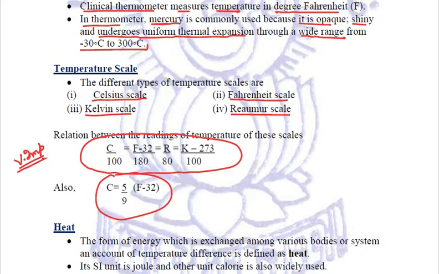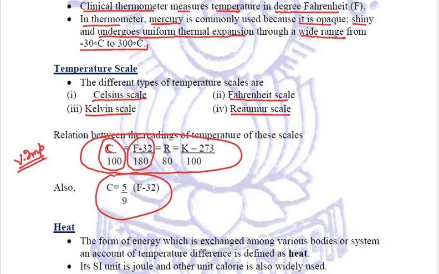Here C represents the temperature on the Celsius scale, F is on the Fahrenheit scale, R is on the Reaumur scale, and K on the Kelvin scale. The relationship is C/100 = (F - 32)/180. This is the relationship between Celsius and Fahrenheit.